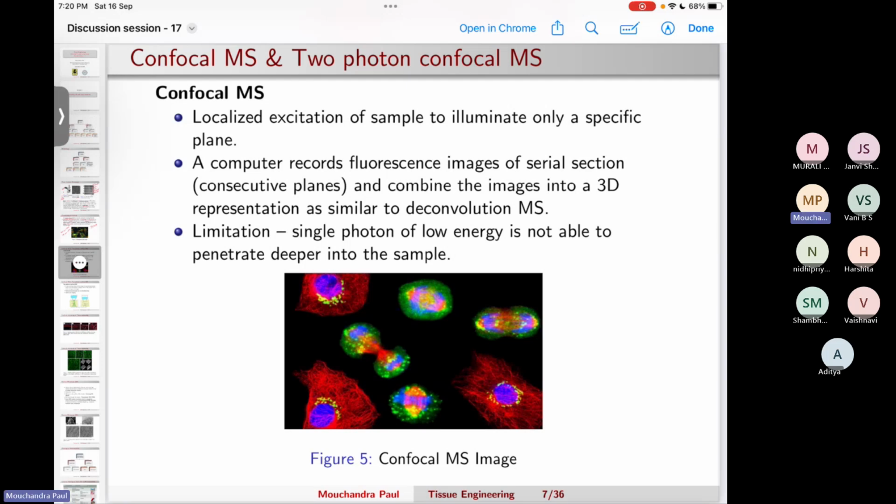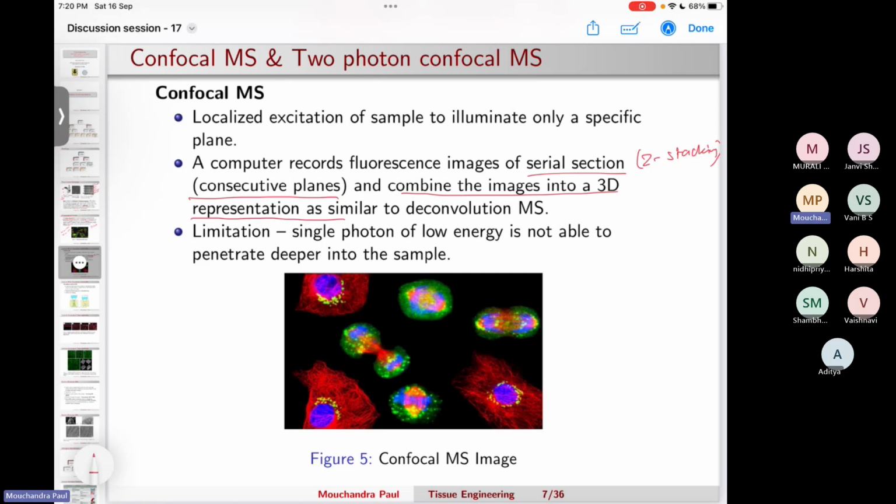Here a computer records the fluorescence microscope images of serial sections, that is the stacking, called z stacking. Along the z-axis, the 3D sample gets sliced, and they get combined into an image that is a 3D representation.